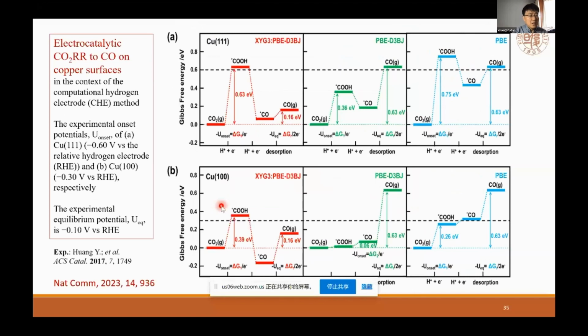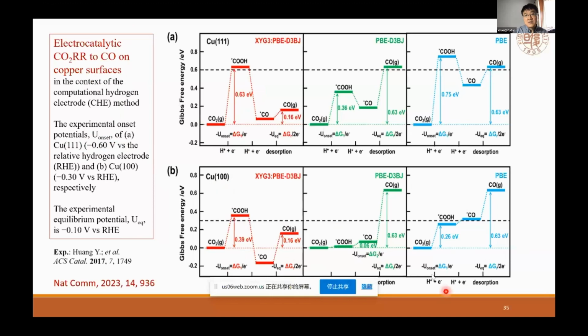And this is the CO2 reduction calculation results to CO on the copper surface. You can see that the experimental onset potential on the copper 1,1 surface is around 0.6, and this is our calculation value, and the experiment equilibrium potential on the copper 1,1 surface is around 0.3, and also for the equilibrium potential, the experiment value should be 0.1.